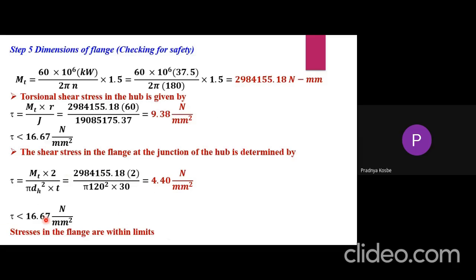Again, this developed shear stress at the junction of the hub is less than tau permissible, which is 16.67. So this design is also safe, because in both the cases, stresses in the flange are within limits.